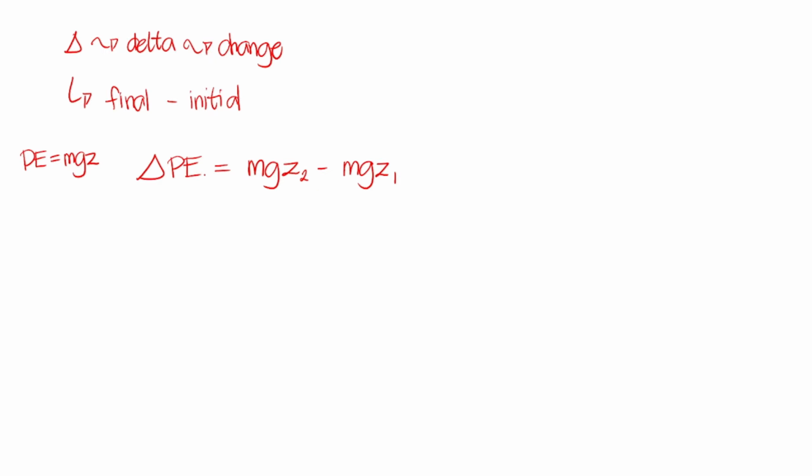So this is the change in potential energy, and as you can see, common yung mass and gravitational acceleration, so we can just factor them out. So basically, it could also be written as mg times z2 minus z sub 1. So yan, madalas nating makakasalubong yan. We also have kinetic energy, which has the formula, tandaan nyo na ito, 1/2 mass times velocity squared.